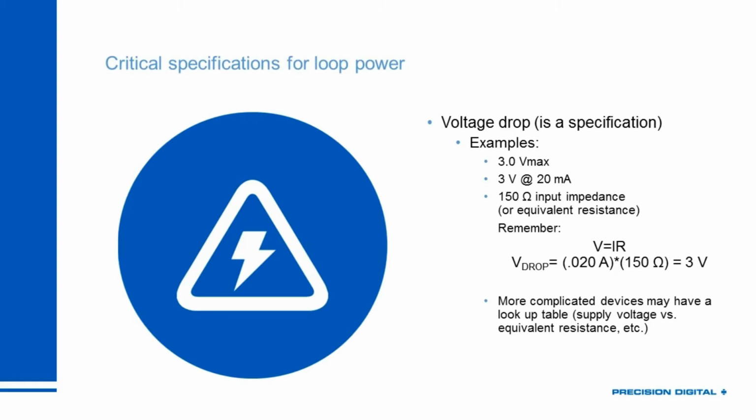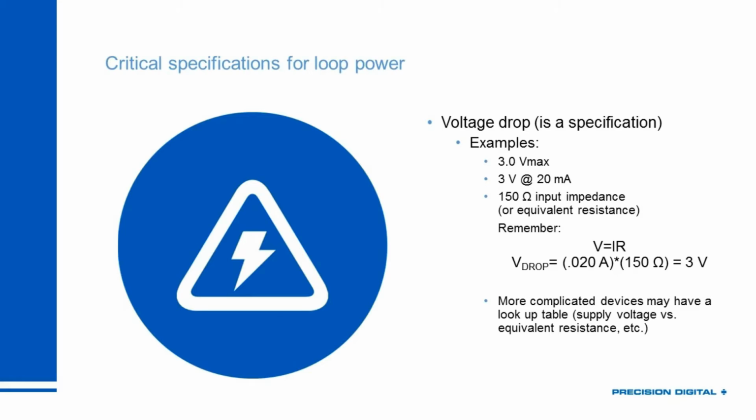Along those same lines, if you see 150 ohm equivalent resistance, you can do a little math: 20 milliamps multiplied by 150 ohms gives the same 3 volt drop.